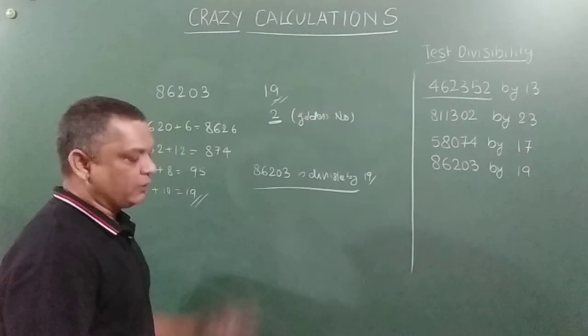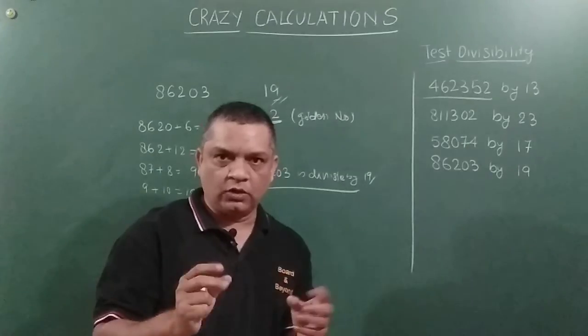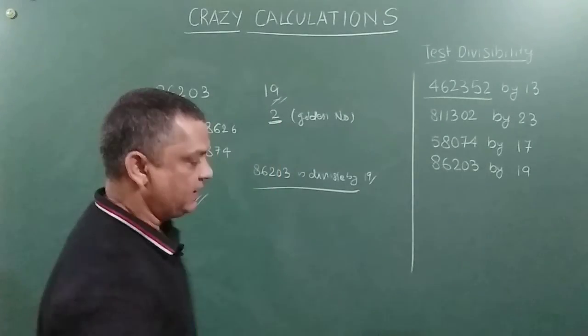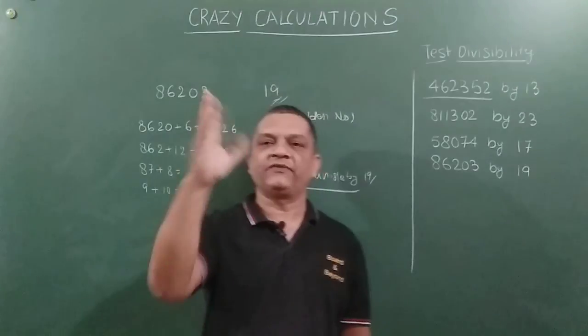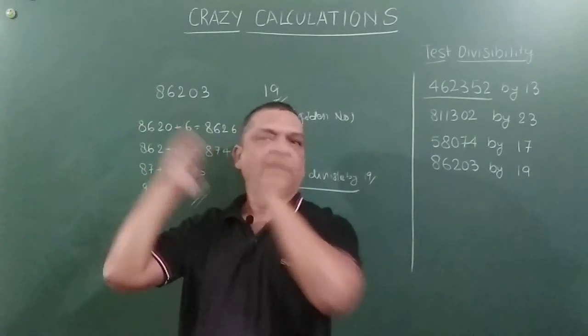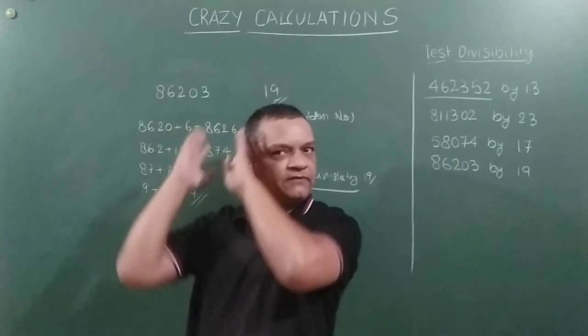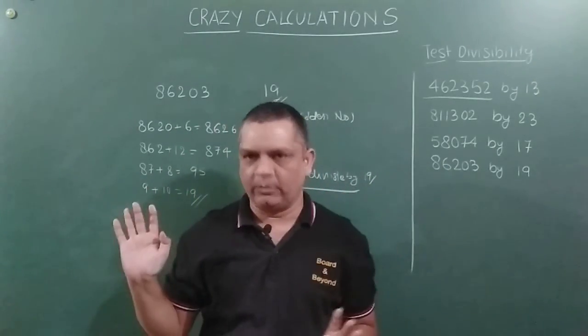We have exhausted all the 4 examples that we have taken. So in short, I will just explain. The first thing, the steps that we have to follow. There is a certain number given to us and we need to check the divisibility of this number with any other prime number. That is the problem.